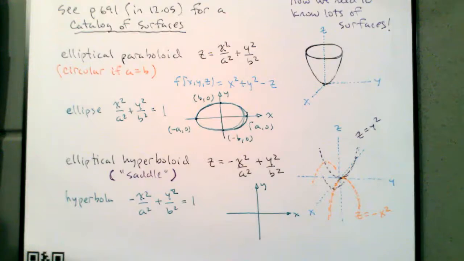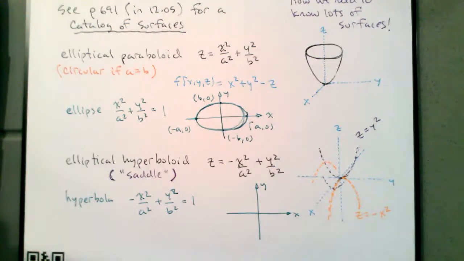Any questions? These are just a few examples. Yes, the saddle, the elliptical paraboloid, is 12.83 in the screenshot that I sent. So the things that you want to look for in this catalog of surfaces is what happens when we get the elliptical paraboloid: x is squared, y is squared, but z is to the first power, and the x squared and the y squared have the same sign.